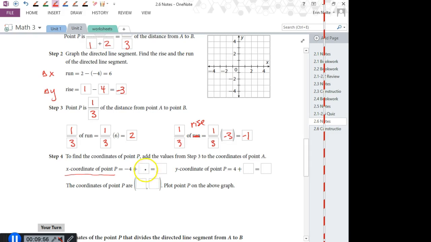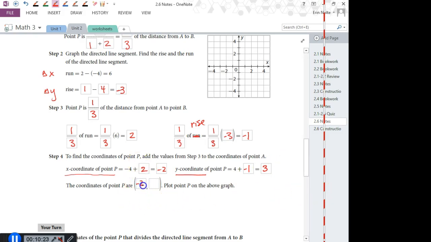So what's -4 plus 2? Negative 2. And now I'm going to do my y. What was my change in my rise? Negative 1. And what's 4 plus negative 1? 3. So what I just found is the coordinates for my point P.